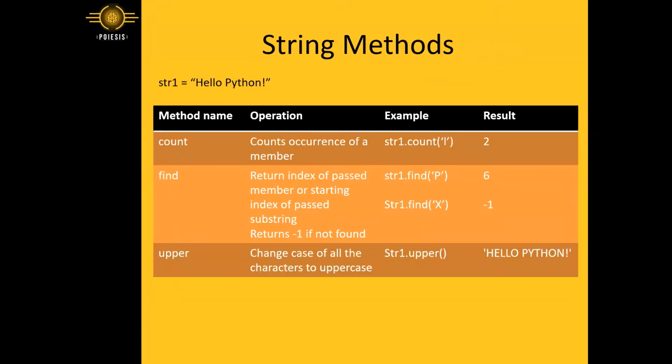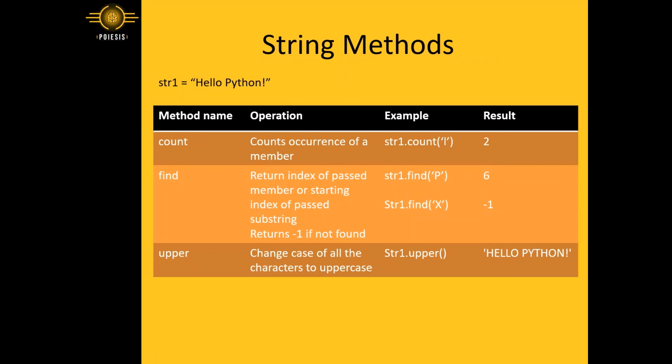Okay, now Python also provides a bunch of built-in methods. I keep on using these terms interchangeably, functions and methods. Let me tell you the difference between a function and a method. A function is a function, but a method is also a function.